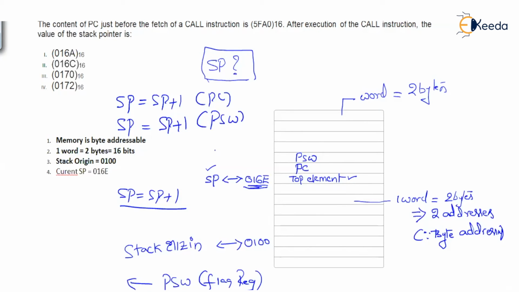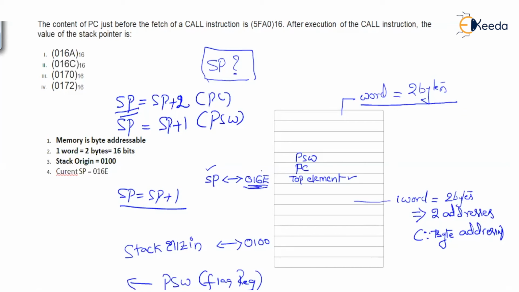But there is a small change here, because the memory is byte addressable and one word is equal to 2 bytes. So every time a push operation is performed, the stack pointer gets updated as SP plus 2.